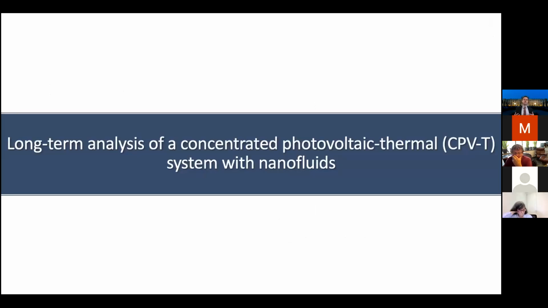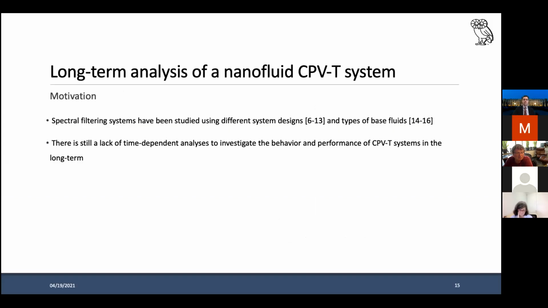The first stage of my PhD dissertation describes a long-term analysis of a CPVT system that uses nanofluids. This work has been presented before during my master's thesis defense, so I'll only go over it briefly. This work was motivated by a lack of long-term analysis in the field of CPVT systems, although different system designs and types of absorbing fluids had been explored by researchers.